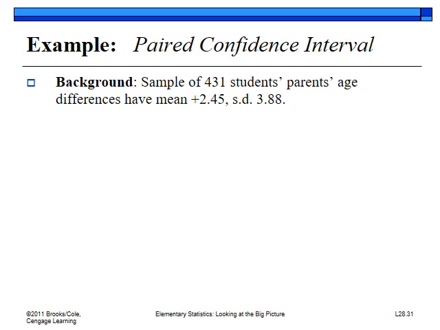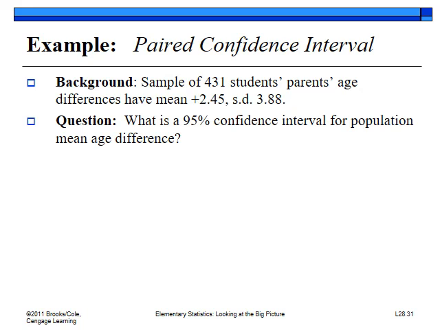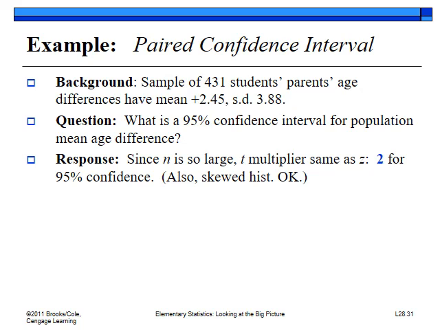So, looking at the same set of data, let's construct a 95% confidence interval for that population mean age difference. Because n is large, we can use the same t multiplier as we got from the z distribution. This is a 95% confidence interval, so we'll use 2.